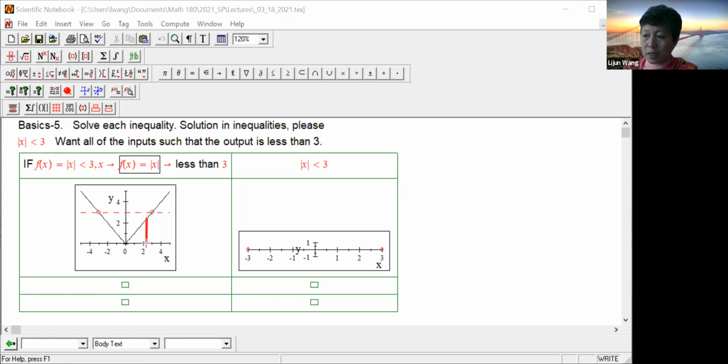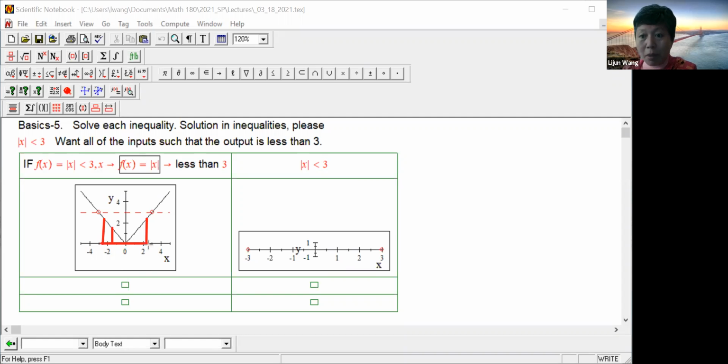This is the output less than 3, isn't it? This output is less than 3, isn't it? Yes? So where do we find those inputs such that the output is less than 3? It's all of these between -3 and +3.